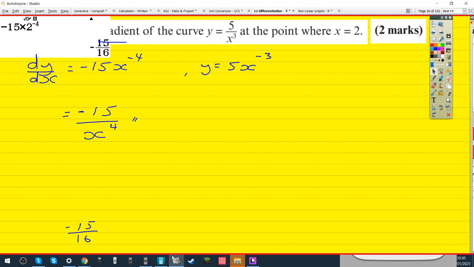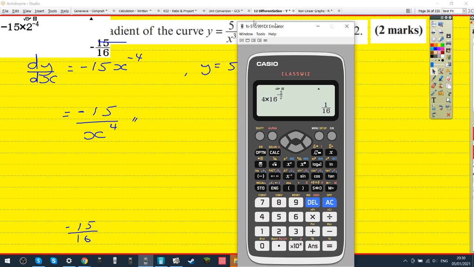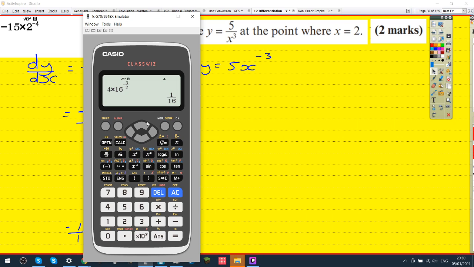Okay, calculator. You see this d by dx? It's yellow, over the integral symbol. So shift integral for d by dx. Yeah, 5 over top right x to the power of 3, and press right until you get x equals, and it is x equals 2, so the gradient at that point.